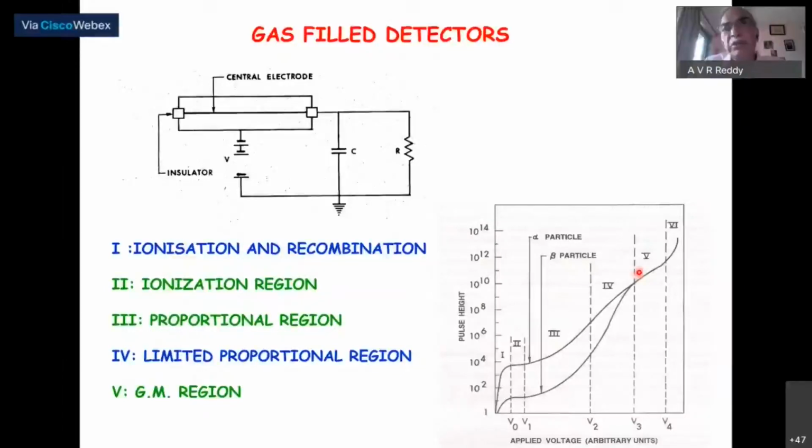That is called the GM region. Beyond this is the region where, because of the non-correlated de-excitation of the excited positive ions and the subsequent photoelectric effect, electrons not related to the primary ionization will be produced. So gas discharge takes place. That is a useless region. It is called the discharge region.